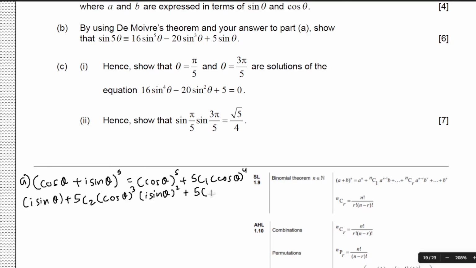Then we do this even more until we reach the fifth.